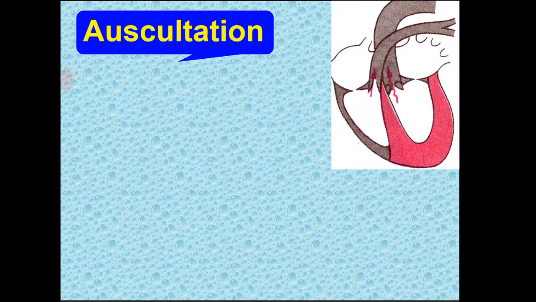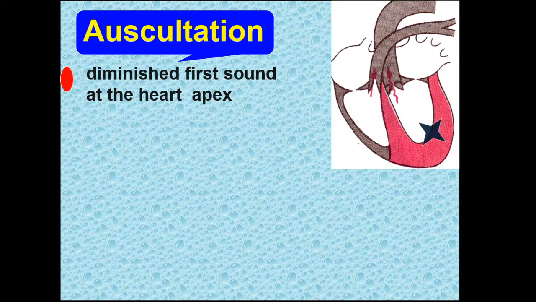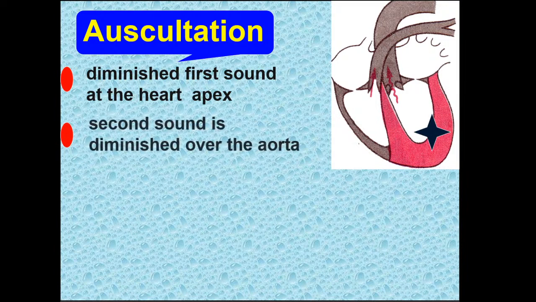On auscultation, most of the problem will be over the aorta, but we remember the order of heart auscultation, and first of all we start from the heart apex, where a diminished first sound will be revealed due to the hypertrophied left ventricle and decreased muscular component.